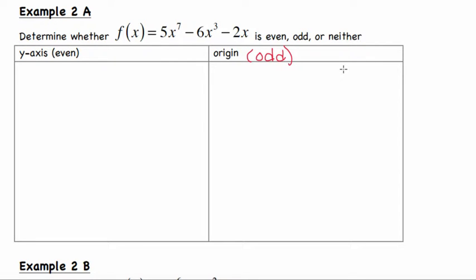If I am testing whether or not my function is even, it is going to have y-axis symmetry, which means we are going to replace all of our x's with a negative x.